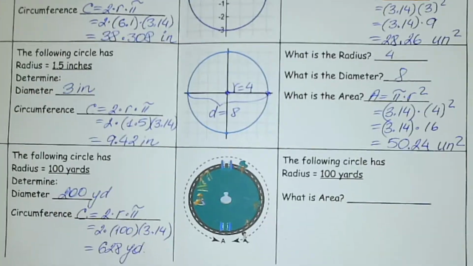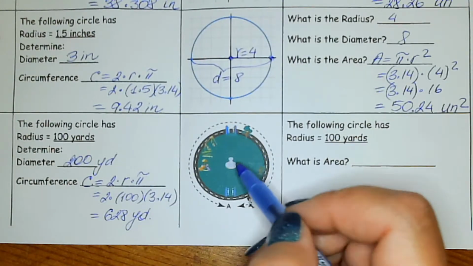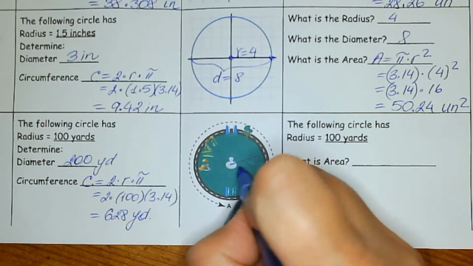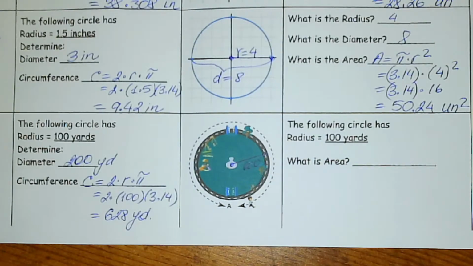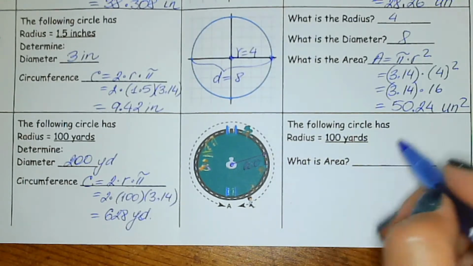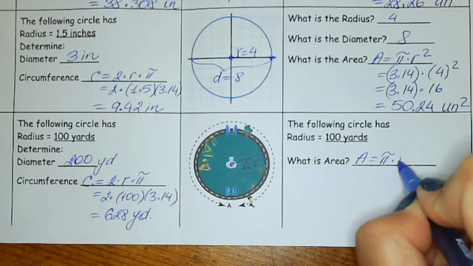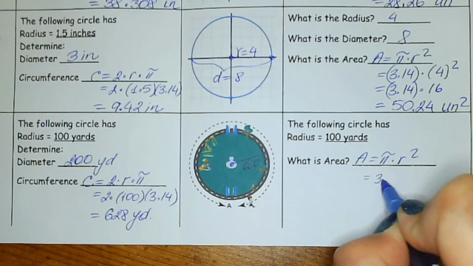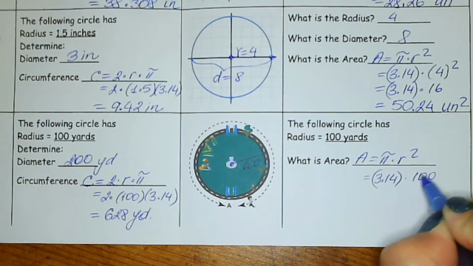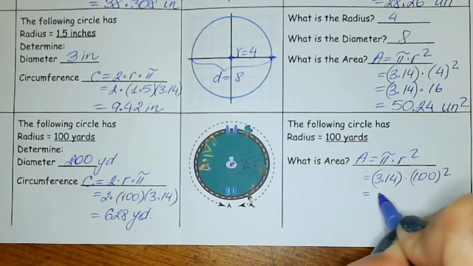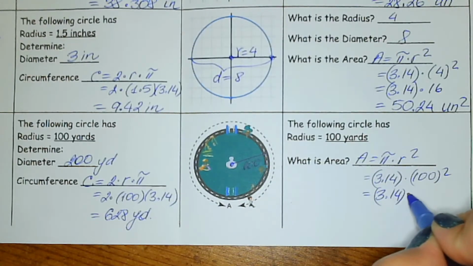Now let's see this area of the big park. We have this big playground with the radius of, so from the center to the edge, 100 yards. What's the area? Well, to find the area, we have the formula. Pi times radius squared. 3.14 times radius, 100 squared. 100 squared means 100 times 100.